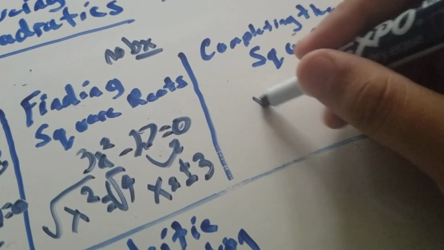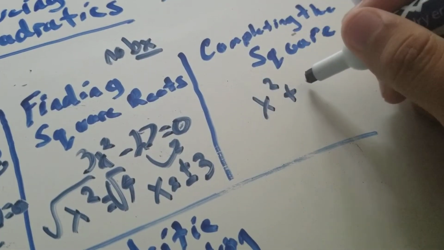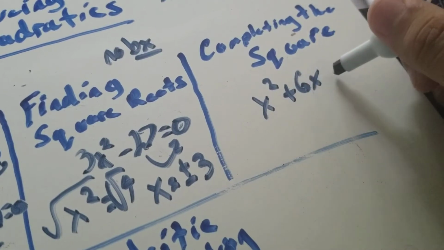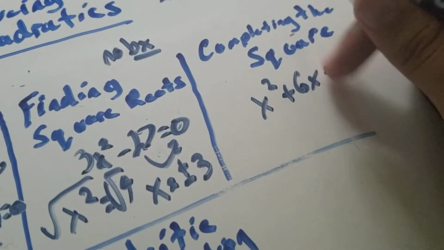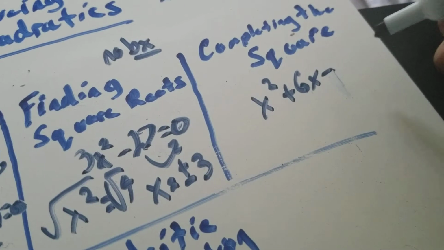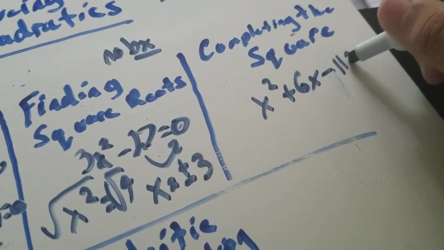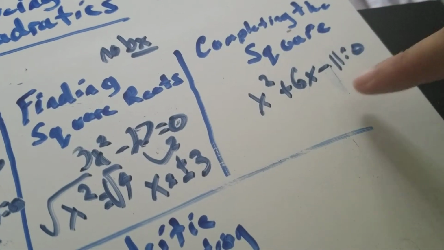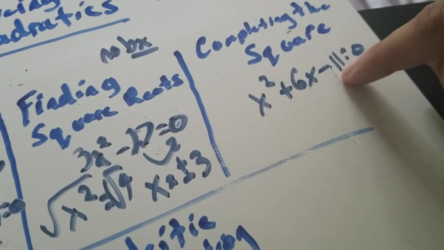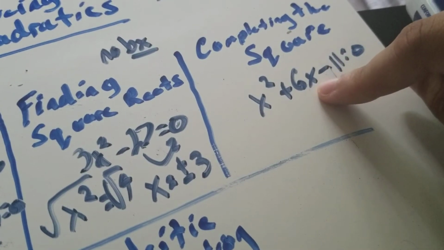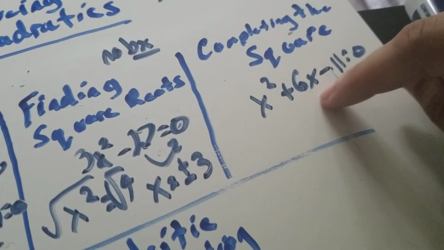We like it when it's something like this. Let's say plus, no, let's do minus 11, let's say. In this situation, negative 11, there's no factors of negative 11 that gives you 6. Okay? So we like using completing the square.